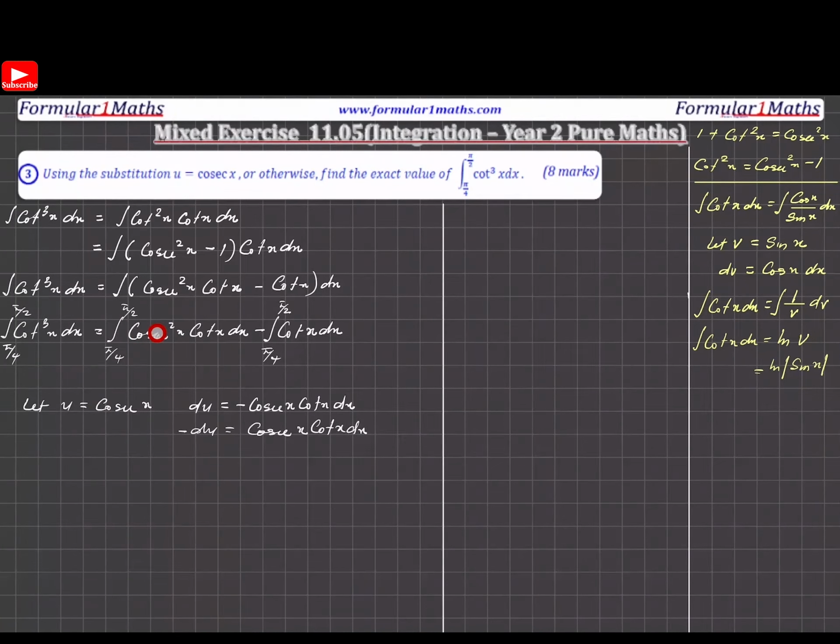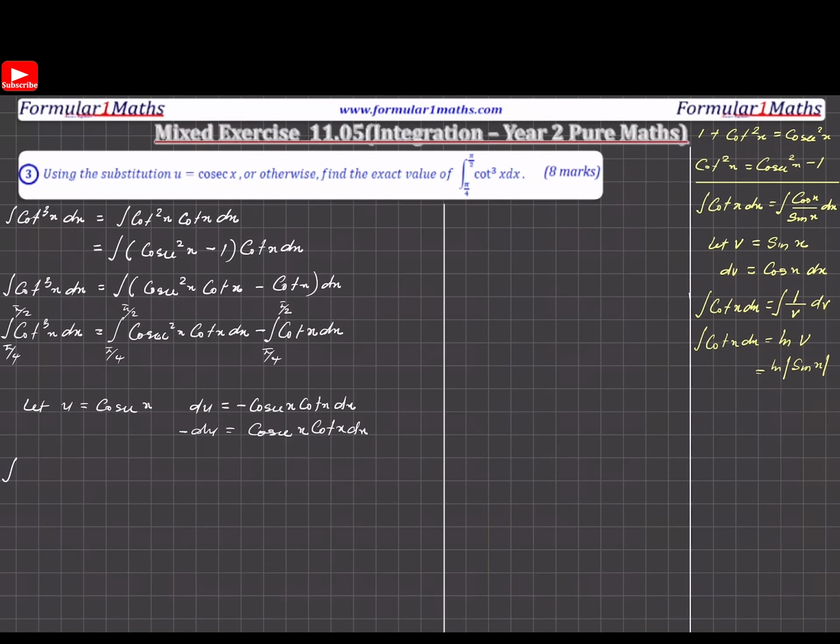So the integration of this term can now be written as integral of cosec squared x cot x dx can be written as integral of cosec x times cosec x times cot x dx.